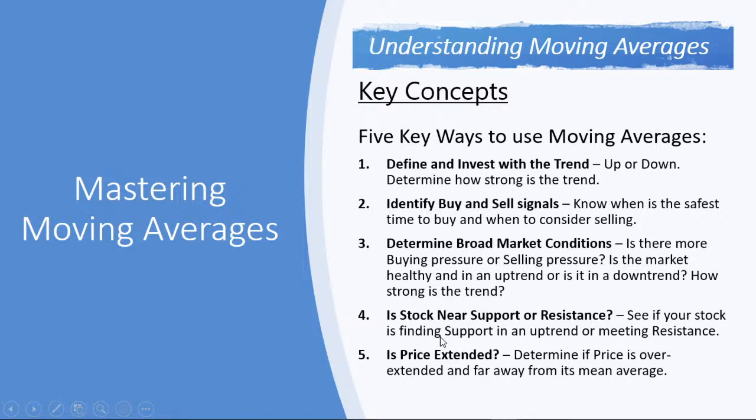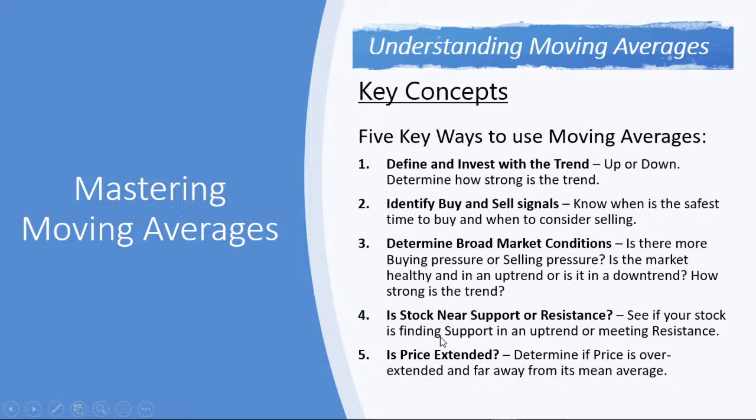Is price extended? This is the tough part, right? You see price screaming higher, almost parabolic, but just really in a strong trend. However, price is pulling further and further away from those moving averages. Moving averages are averages, right?